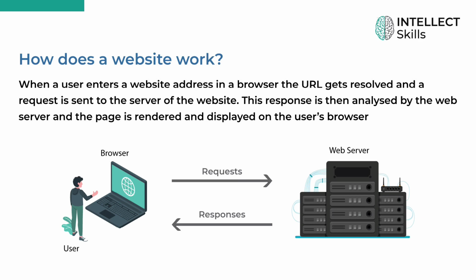Let's say we have a user X. Now user X wants to browse a website. Let's say Facebook.com. Now he enters Facebook.com in the address bar of his browser and hits enter. Now what happens is, the browser will send a request to the web server.